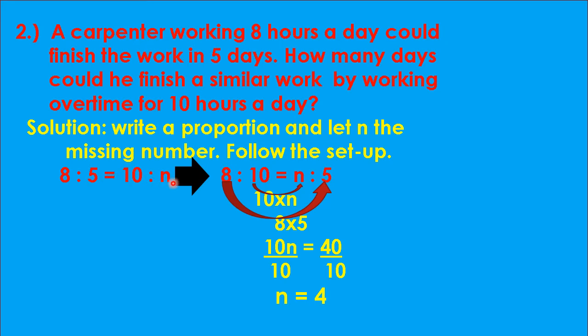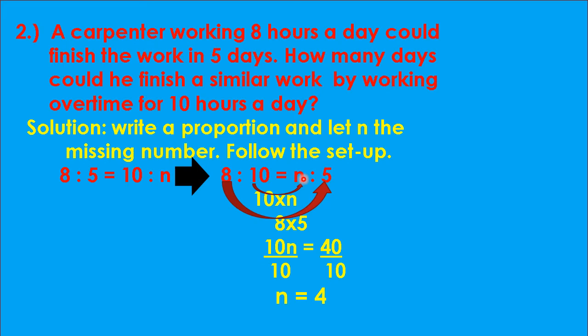Then we are going to multiply the means and the extremes. So 10 times n is the means and the extremes is 8 times 5. So 10n is equal to 40. Now we are going to divide both sides by 10. So 10n over 10 is equal to 40 over 10.